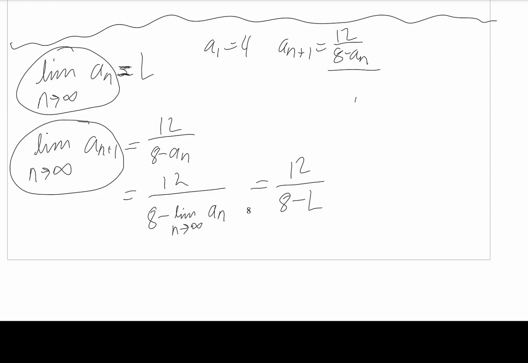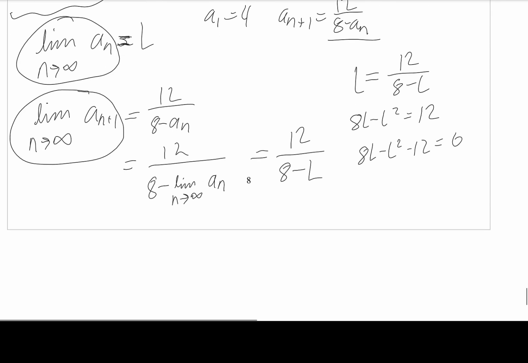So we know that L has to be equal to 12 over 8 minus L. Multiplying across, this gives me 8L minus L squared is equal to 12. So 8L minus L squared minus 12 is equal to 0. Factoring this, we get L minus 6 times L minus 2 is equal to 0. So L equals 6 or L equals 2.